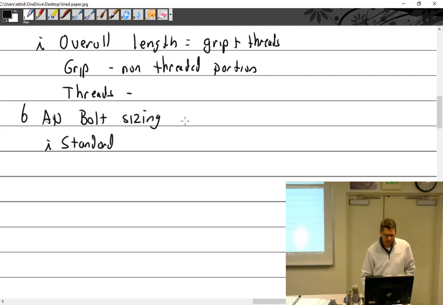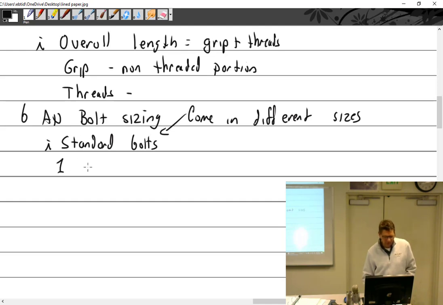What I wrote here was come in different sizes. Maybe that's what I should have written, because I'm going to talk about standard bolts right now. So stick with my notes, try not to change them up.